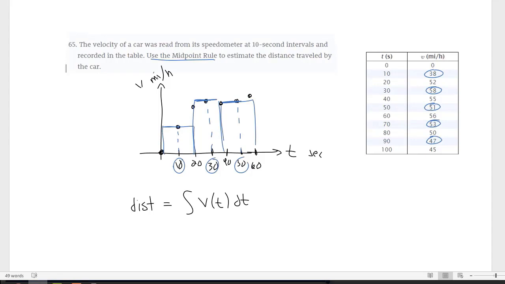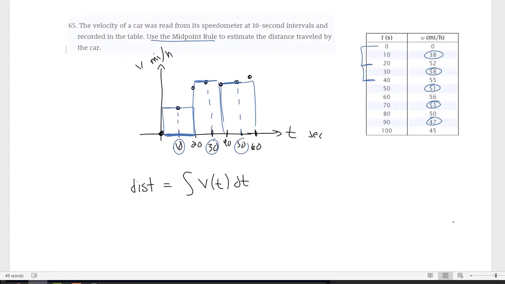And my delta x, the distance between the two, in this case is going to be 20. From 0 to 20, there's my delta x of 20. From 20 to 40, there's a delta x of 20. So using midpoints, I'm doing width times height. My delta x is 20, and my height is whatever I get at the midpoint. Since the delta x is 20 for all of these rectangles, we can factor the 20 out and add up all of the midpoint values.